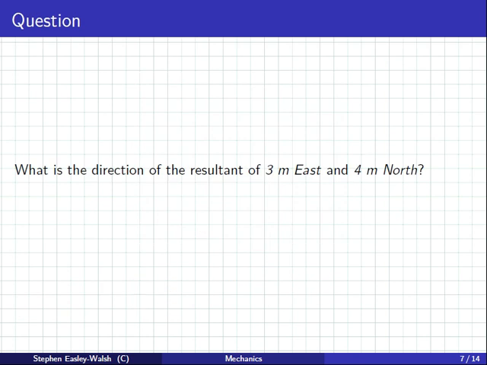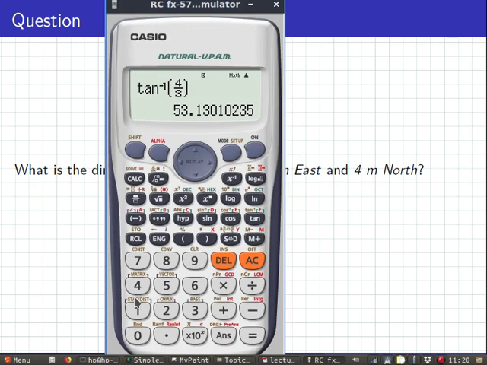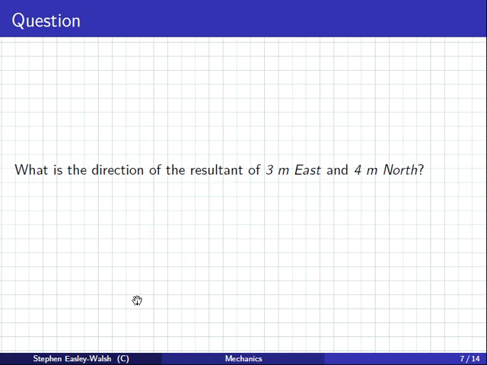What's the direction here? So I would have to type in tan inverse. What do I type in? 4 over 3. Tan inverse 4 over 3. Which is this. So tell me how I would give the answer using north, south, east, west.